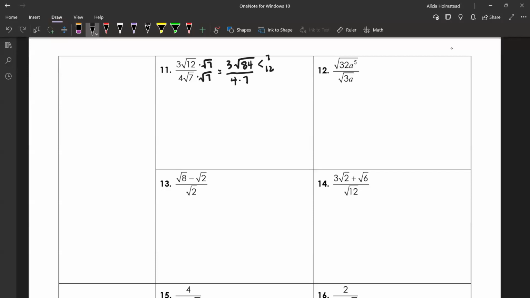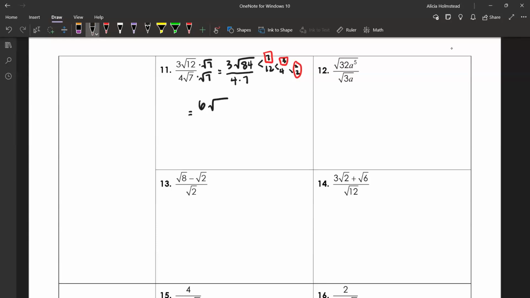And then let's break this down. 84 is 7 and 12. 12 is 3 and 4. 4 is 2 and 2. So looking for groups of 2 things, we've got one of them. So this will become 3 times 2, which is 6. And then left inside, we have the 7 and the 3.